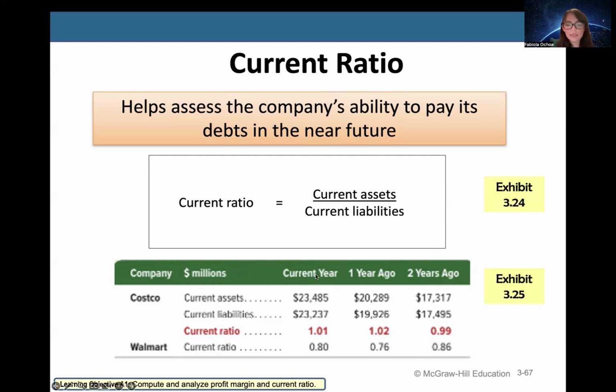If you look at this example, we have current assets of 23,485, but current liabilities of 23,237. So you are just barely able to cover all of your current liabilities with your current assets. That gives you a ratio of 1.01. When you have a ratio of less than 1.0, that tells you that you have more liabilities than assets to pay off those liabilities.